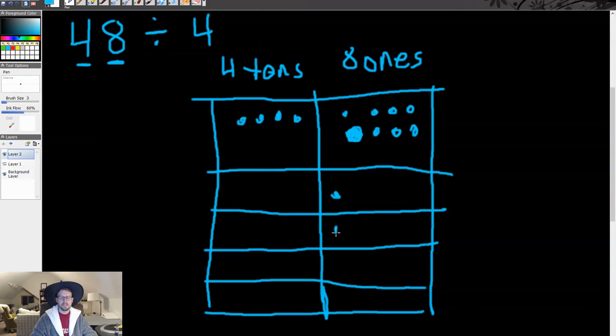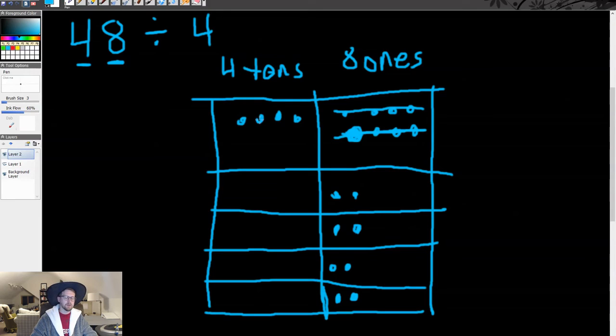Pass out 1 at a time. 1, 2, 3, 4, which uses half of our chips. We can mark those out. Do we have enough to fill up again? Yes, we do. So we're going to go 1, 2, 3, 4 again. We're out of ones. We've divided up all of our 1 chips between our 4 groups.